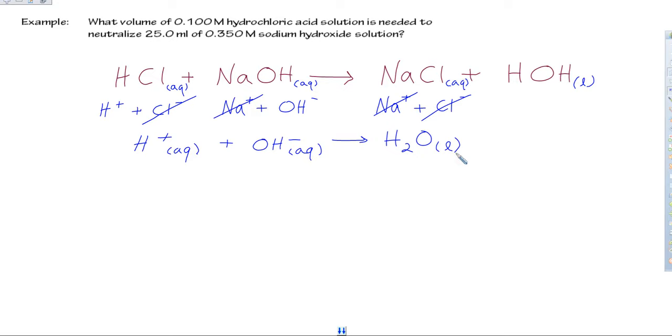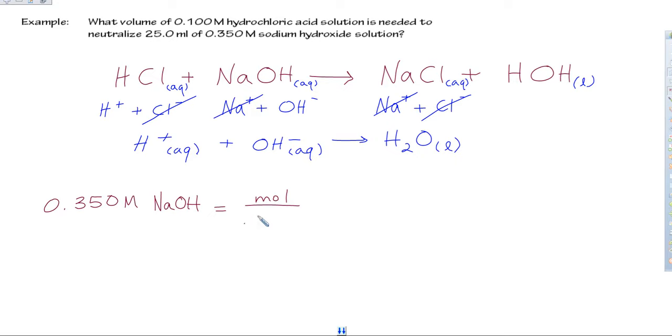So I have some sodium hydroxide. I have 0.350 molar sodium hydroxide, because that 0 is going to allow me 3 sig figs. Molarity equals moles per liter. I got to switch it to liters.